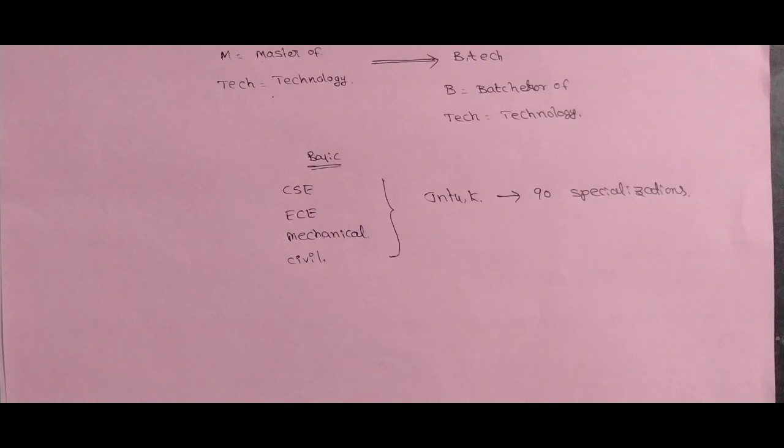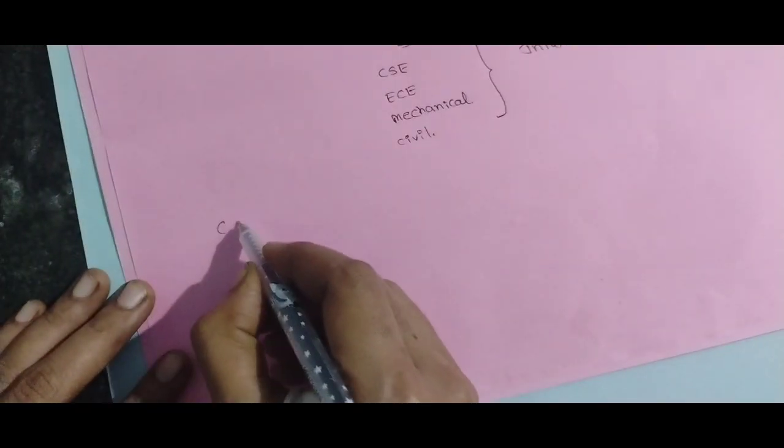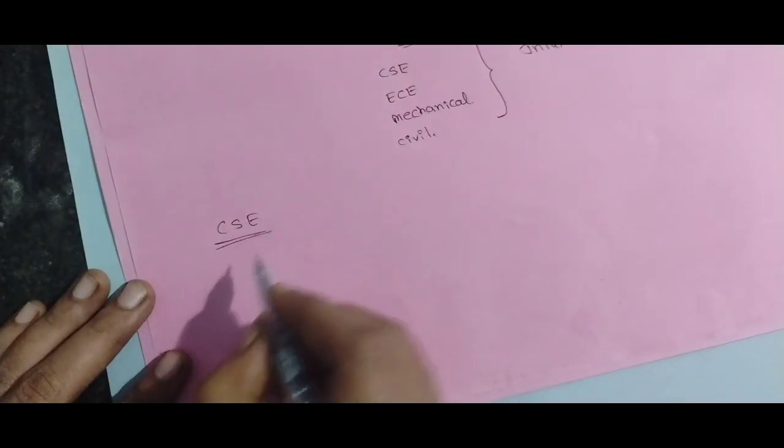Now let us take an example of CSE, Computer Science Engineering. In Computer Science Engineering also, we have a wide variety of specializations. Let us see the basic specializations in CSE.